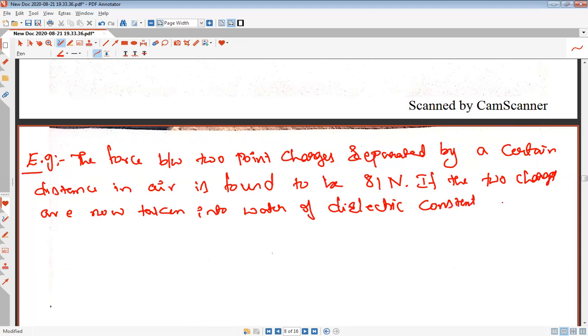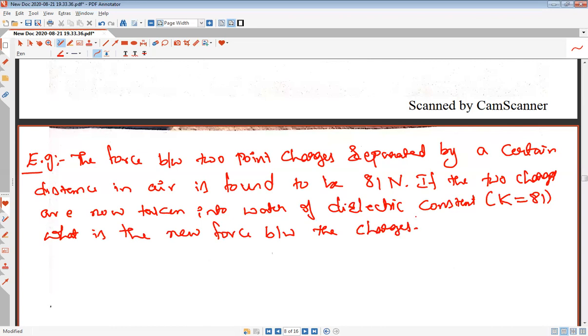See, dielectric constant is represented by K and is given by, say, 81 for water. Dielectric constant for water is 81. If the two charges are now taken into water of dielectric constant 81, what is the new force between the charges?